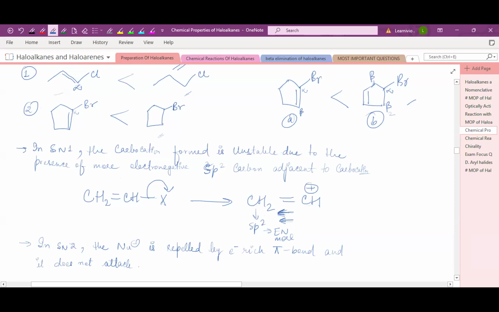And what happens due to that? The carbocation which is formed is unstable. Due to the presence of the sp2 hybridized carbon adjacent to this carbocation, the whole molecule becomes unstable. The carbocation formed in the SN1 mechanism is unstable.